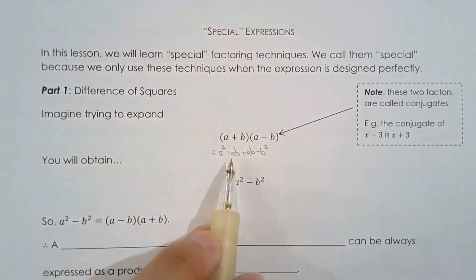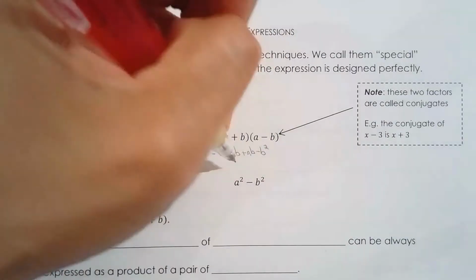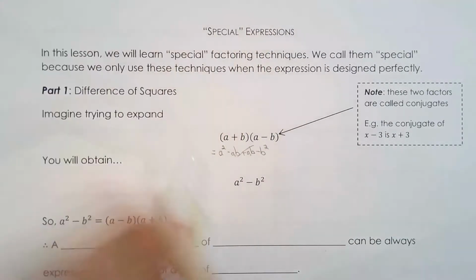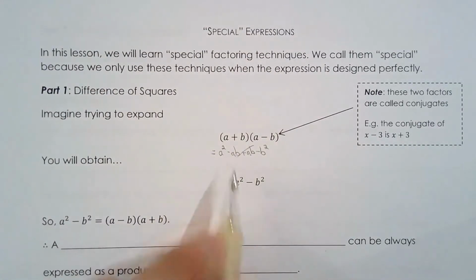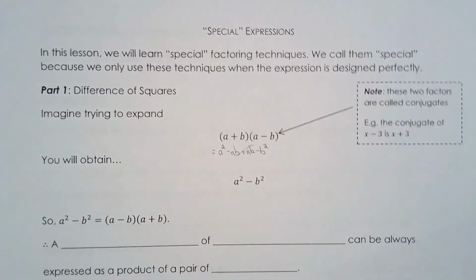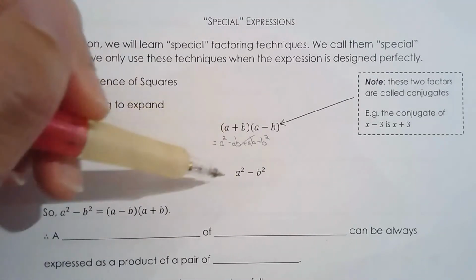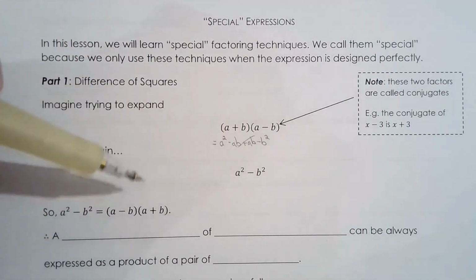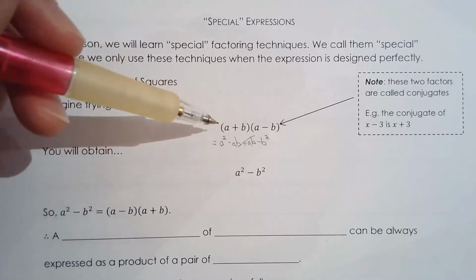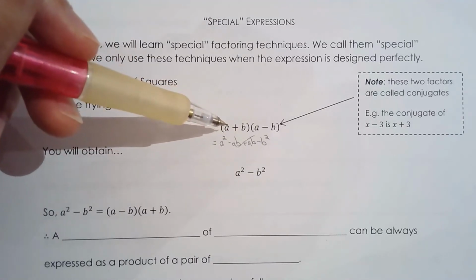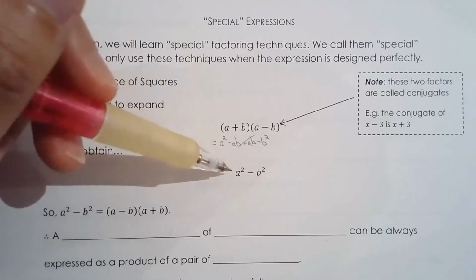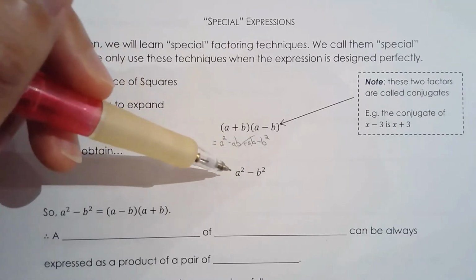So this minus ab and plus ab, they cancel each other out, right? Because they're opposites. So all you're left with is a squared minus b squared. Now I'll tell you why this is very special in a moment, but whenever you multiply a pair of conjugates, what you're going to get is this expression called a difference of squares.